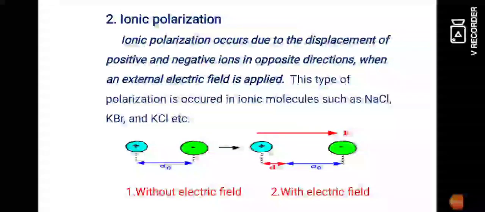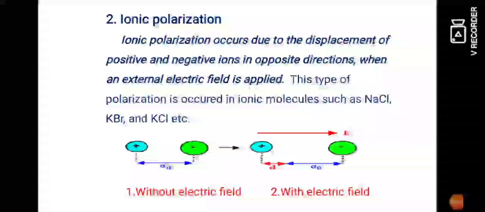Now let us see the second one, ionic polarization. Ionic polarization occurs due to the displacement of positive and negative ions in opposite directions when an external electric field is applied.